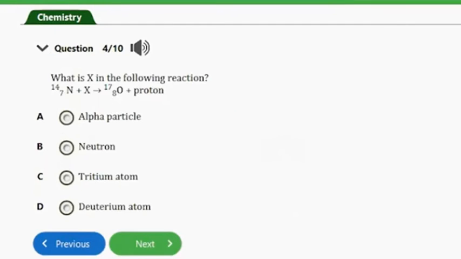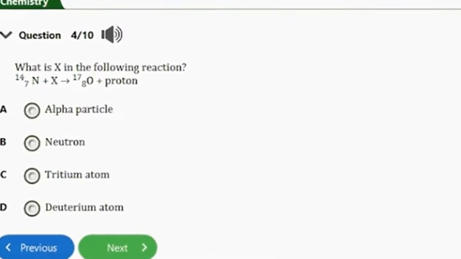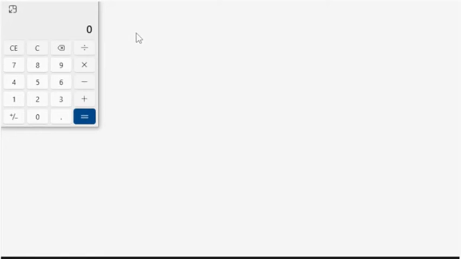The next question is question number 4, and it says, what is the X in the following reaction? We've seen the reaction here, so let's zoom into our workspace to solve for this.